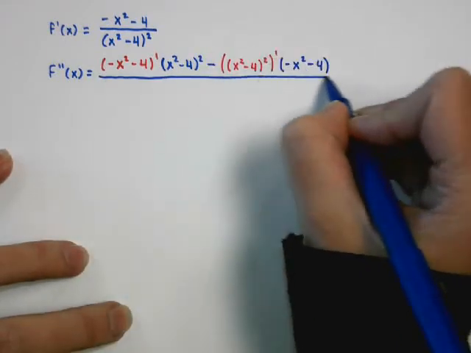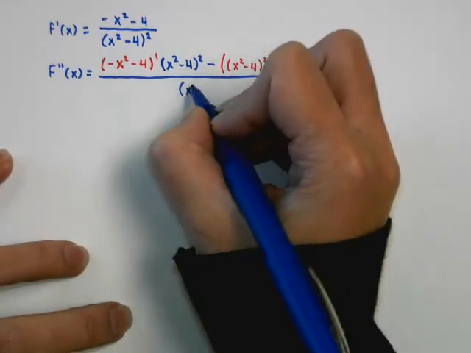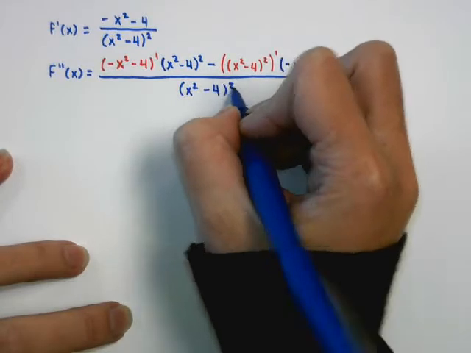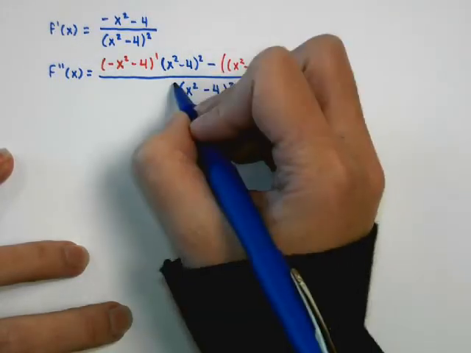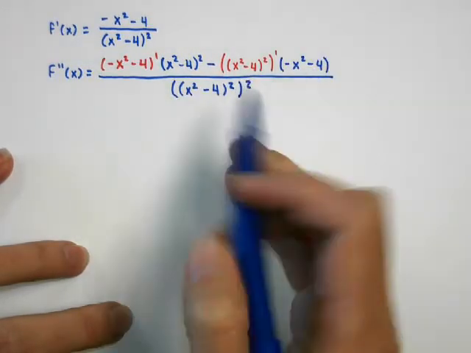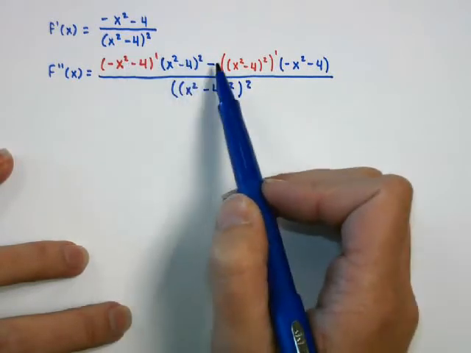So we have the derivative of the top times the bottom minus the derivative of the bottom times the top over the bottom squared.